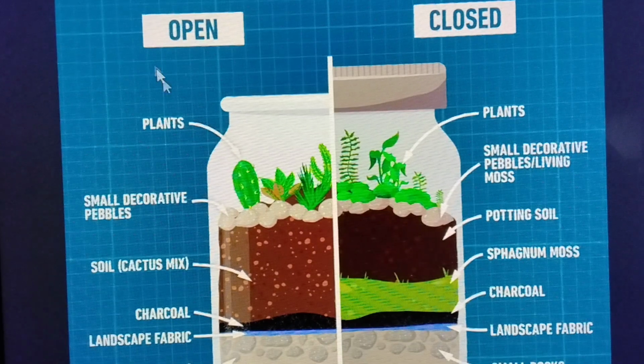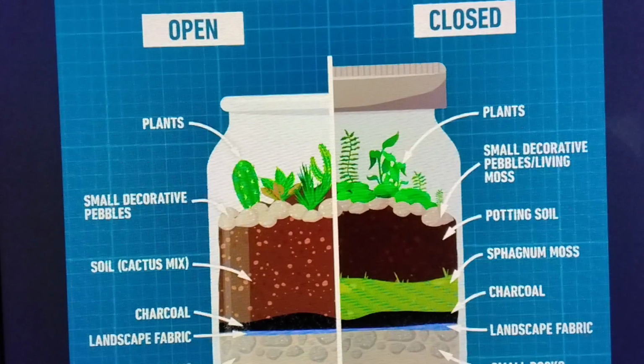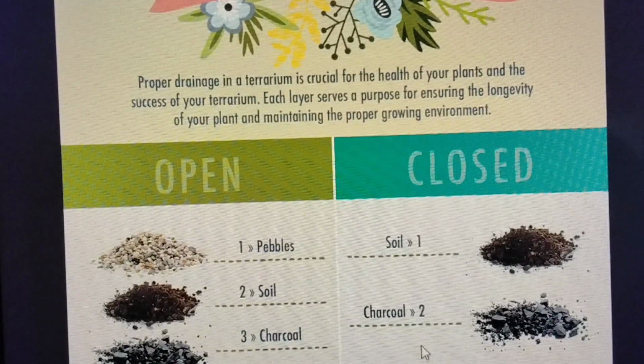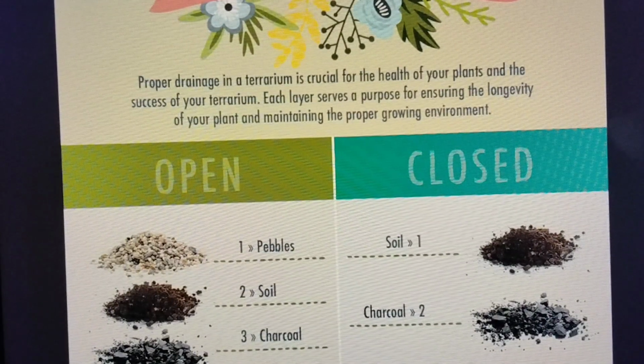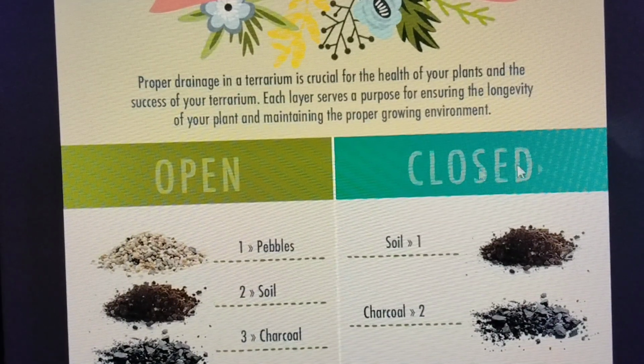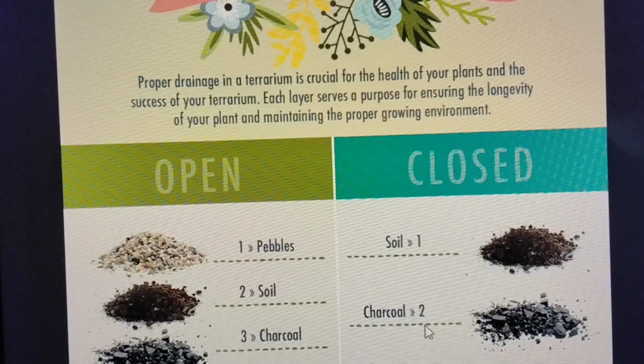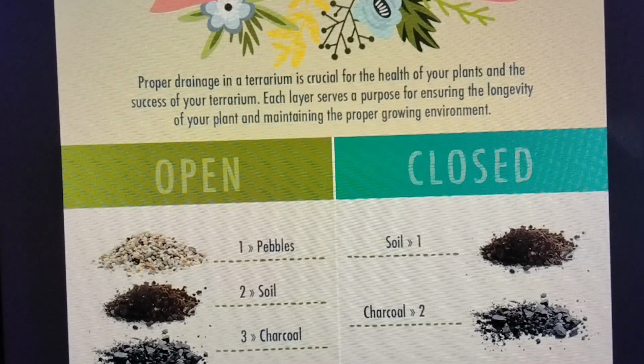You have decorative things you can also add to this if you wish. You just need to make sure that your drainage material is all good. In the open and closed, you can do soil, charcoal, and rocks.